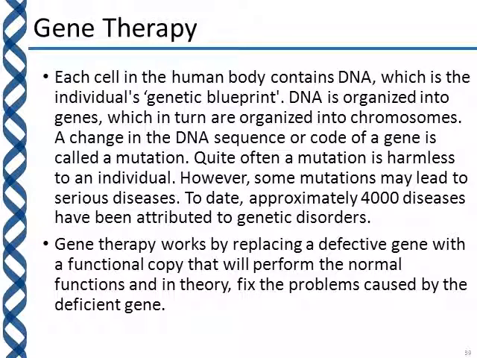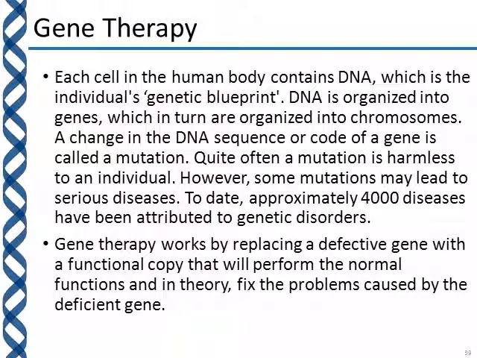A change in the DNA sequence or code of a gene is called a mutation. Often, a mutation is harmless to the individual. However, some mutations can lead to serious diseases. To date, approximately 4,000 diseases have been attributed to genetic disorders.